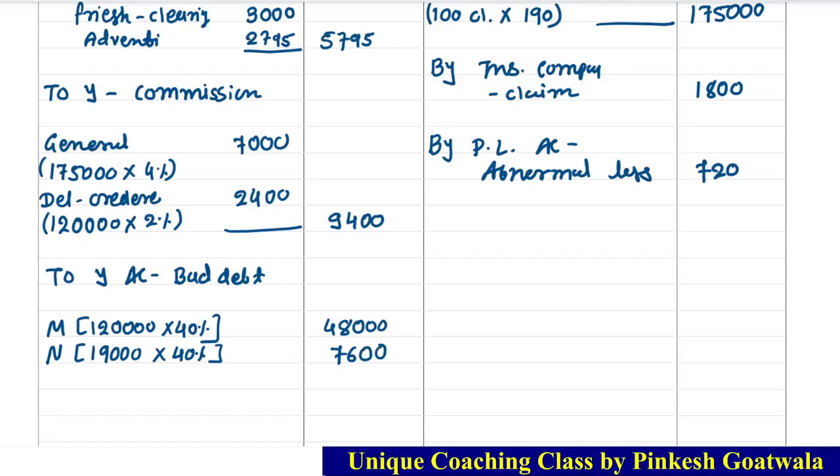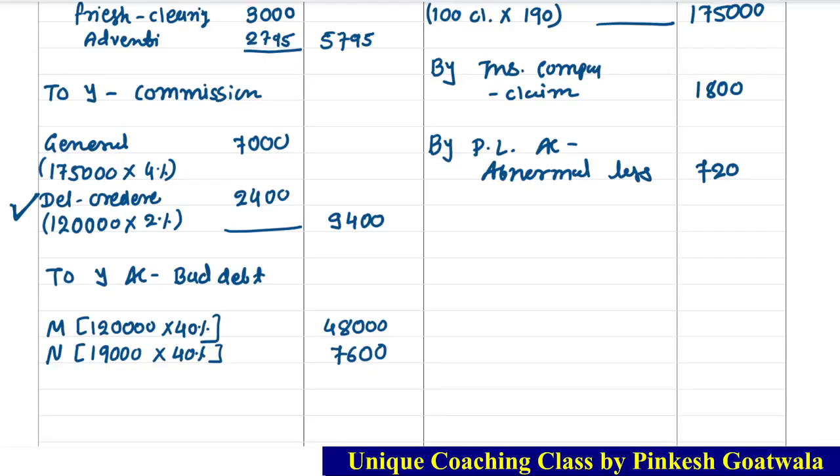So there is a bad debt on M and N because in the question they told us that M and N both are declared insolvent. So 40% on both will be called bad debt, right? But remember, in a previous video and also today I told you, del credere commission is given in almost every question. If del credere commission is given, then a bad debt on credit sale will have no effect. I explained why in a previous video.